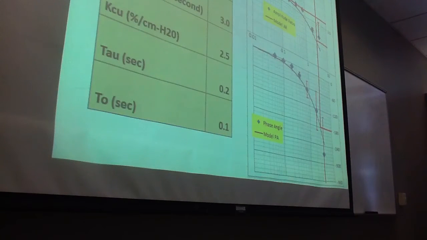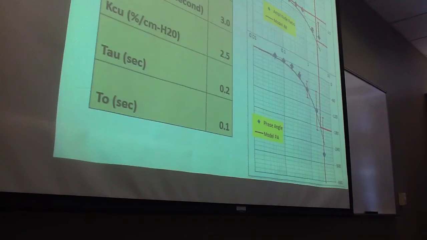So the gain here was 1.3 centimeters of H2O per percent. The ultimate frequency was 3. The critical gain was 2.5. Tau was 0.2, and dead time was 0.1.